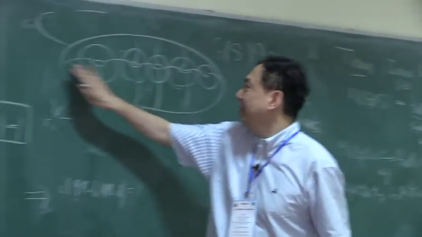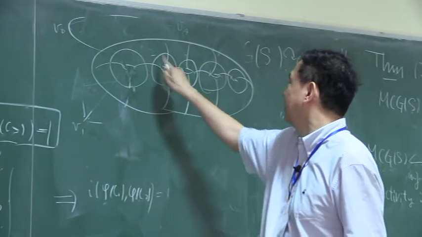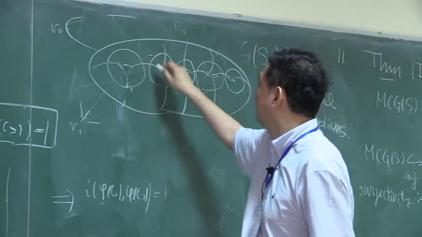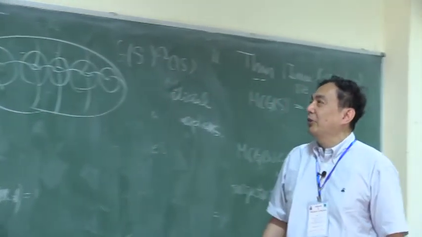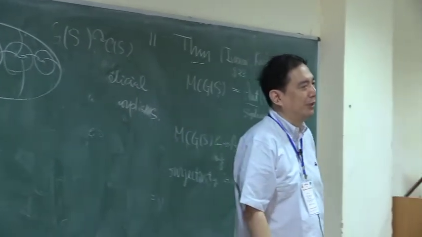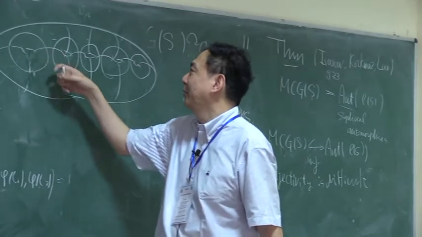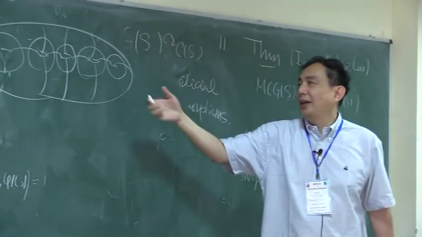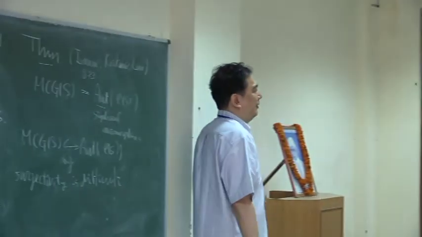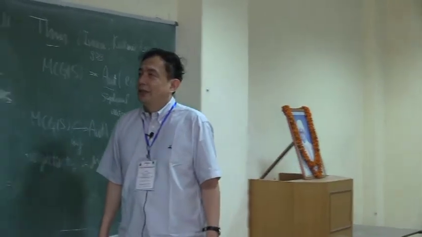Sorry, this should be the same as this one. What I draw here is just a system of simple closed curves intersecting at one point or disjoint, and decomposing the surface into simply connected regions.